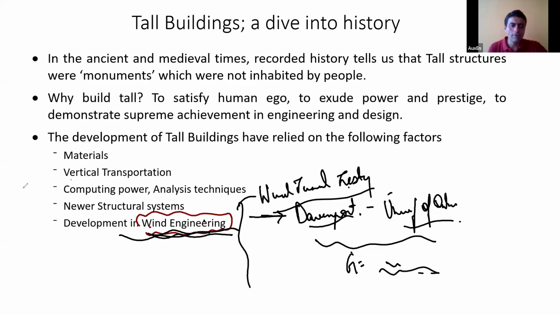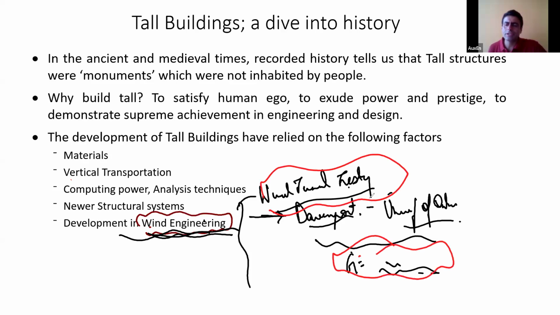And from the wind tunnel experiments, you're also able to change the shapes, the system, the planning of your building in order to make it more efficient against wind loads. So improvements in wind tunnel testing and in the understanding over the past 50-60 years about the effect of wind has led to development of taller and taller buildings. Is that clear?